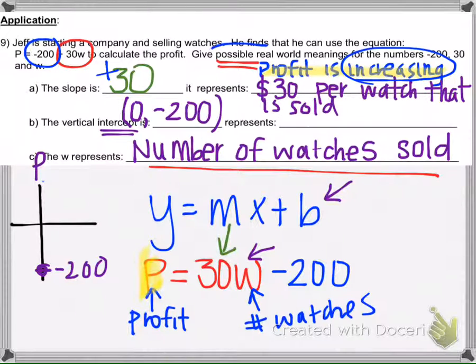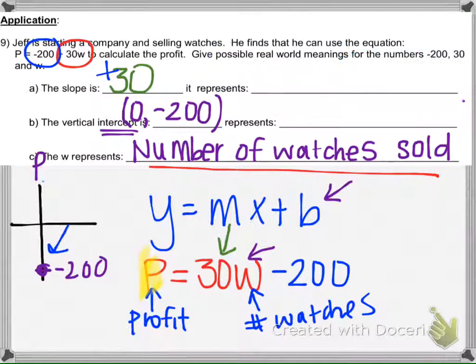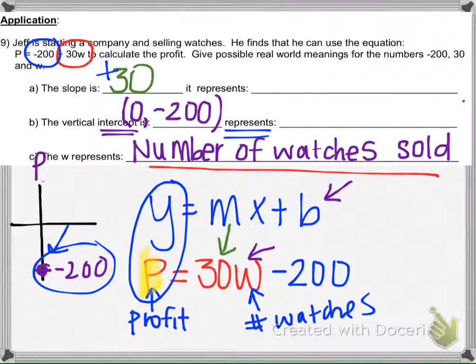So it says give possible real world meaning. So I could say that's the amount of money that Jeff spent to start up the business. That's why he's in the hole negative 200. So that's what I would personally write. So again, the profit's negative 200, so we need to say what it represents. So I'm going to put it's the startup cost for the watches.